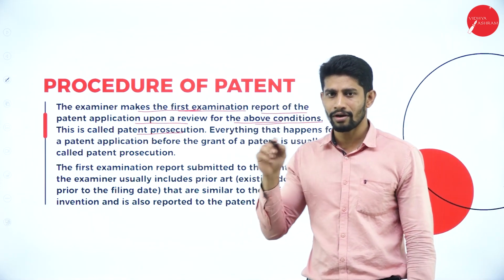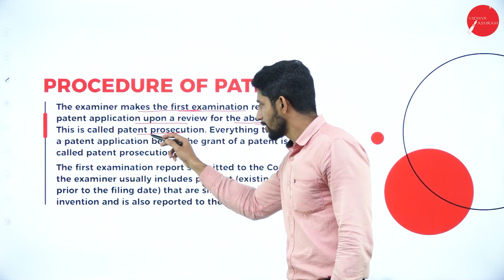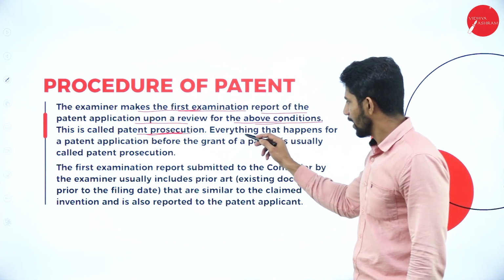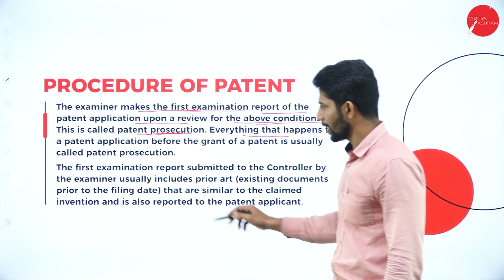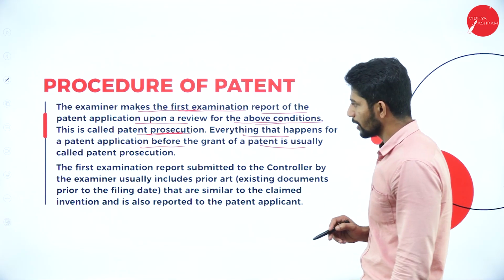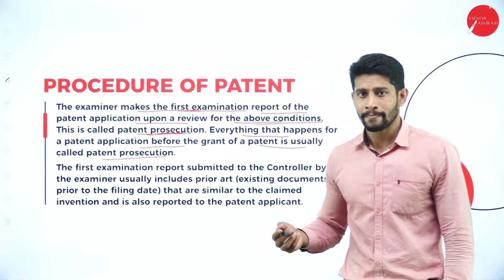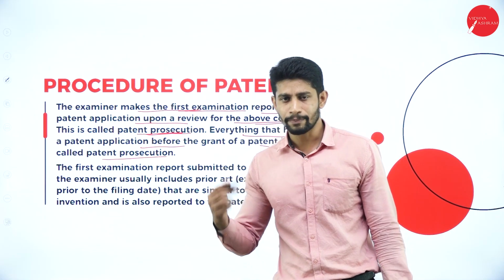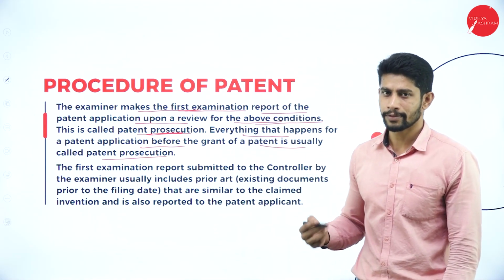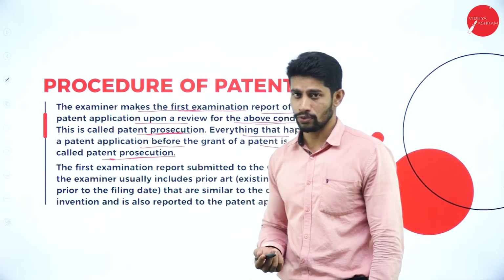The process of looking into your invention and examining it is called patent prosecution. Everything that happens for a patent application before the grant of the patent is usually called patent prosecution.